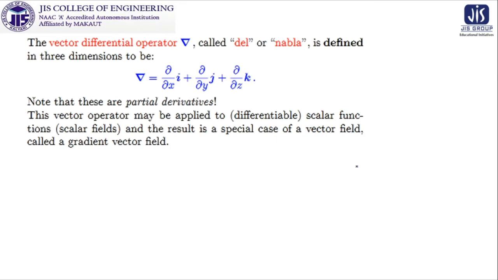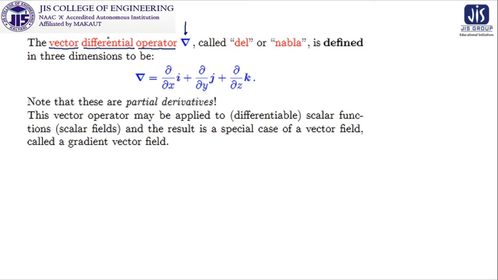What is told here? The vector differential operator. This is the notation, that is not an issue. The linguistic expression associated with this is, it is an operator. What type of operator?